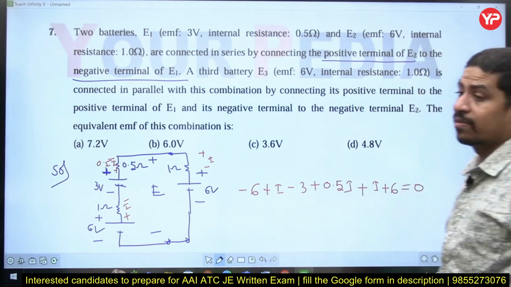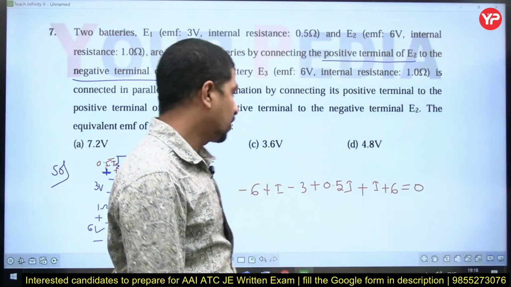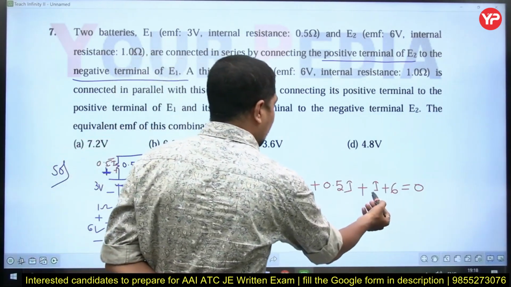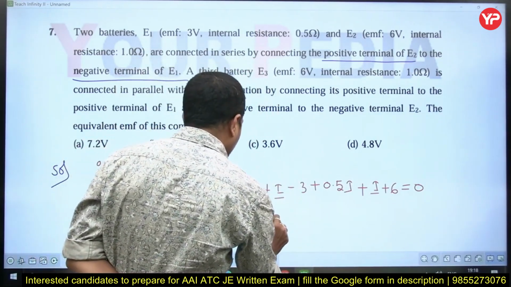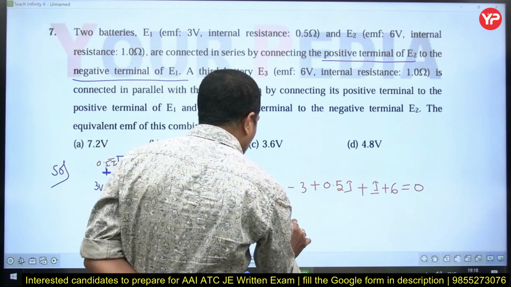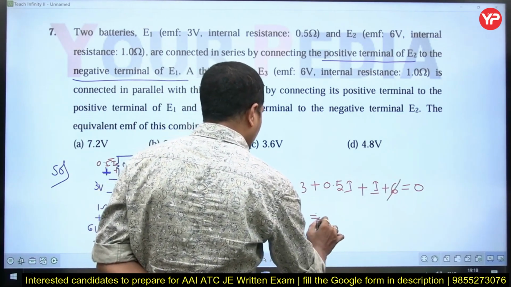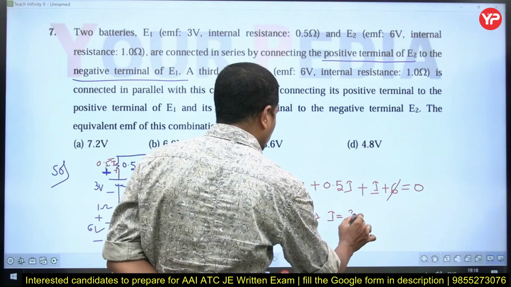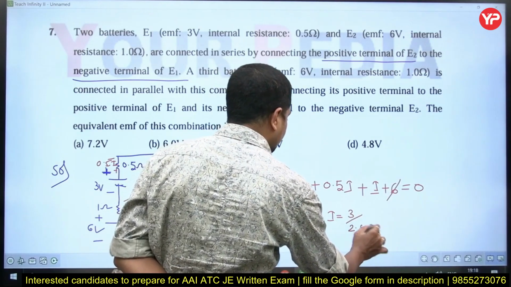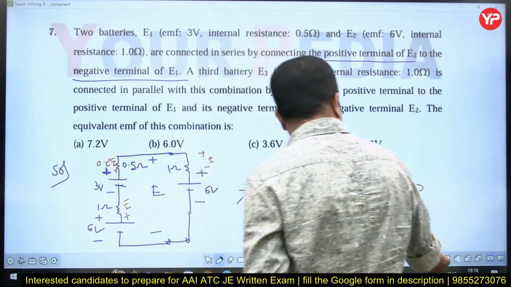Let's find the current first. Current is very important for us here. Now 2.5I is equal to 3, the 6 is gone. I is equal to 3 divided by 2.5.